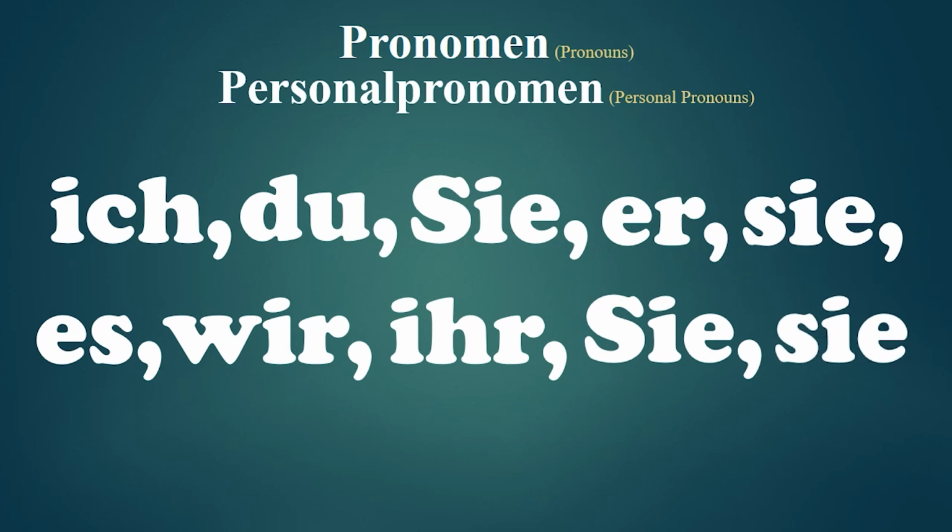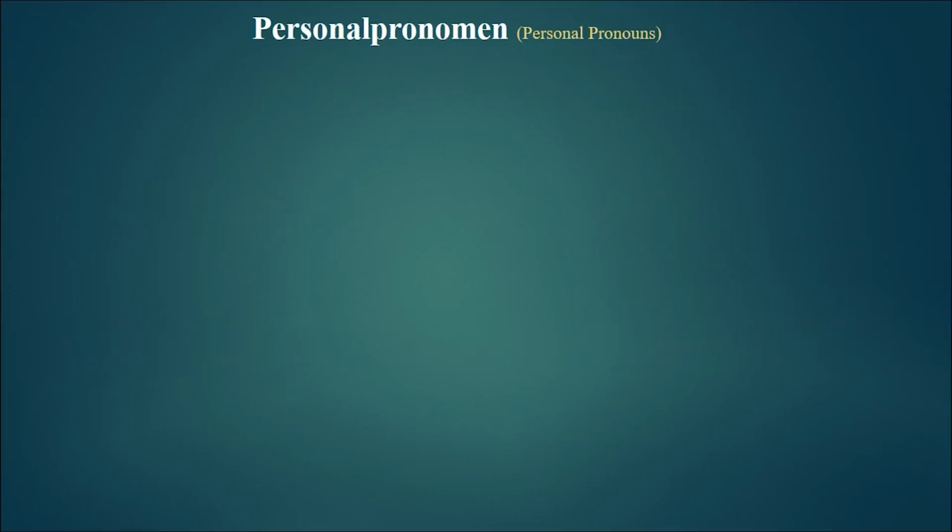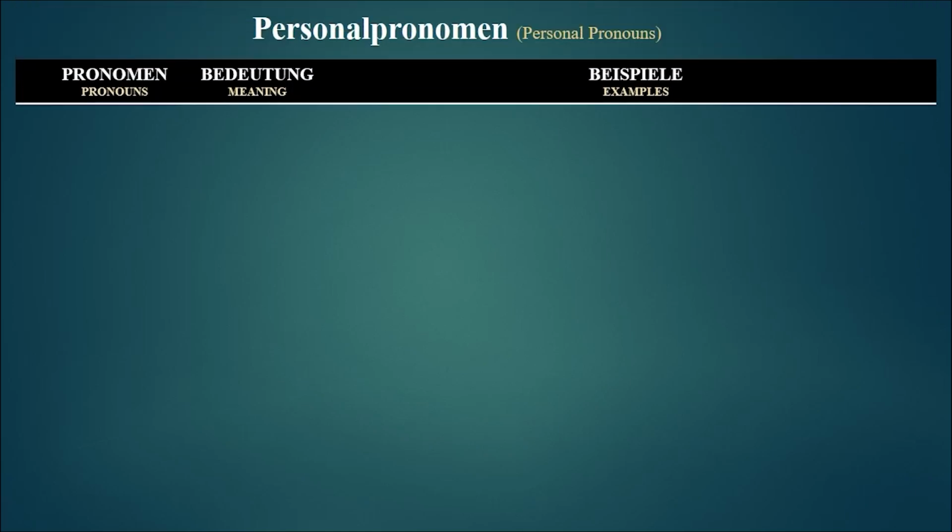Let's look at a summary of what we've learned so far from the previous lessons. A summary of personal pronouns. We'll be looking at these pronouns and then their meaning, Bedeutung, and then examples, Beispiele.